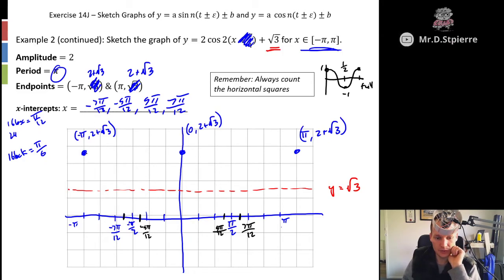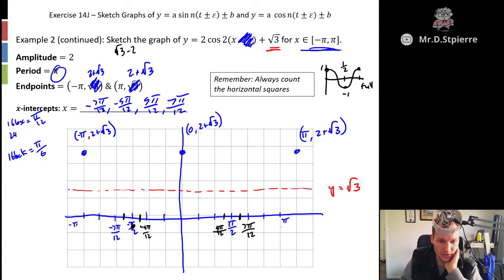So halfway between negative pi and 0 it gets to its lowest point, which would actually be root 3 minus 2, down right about there.